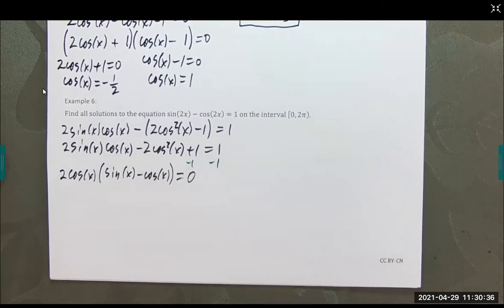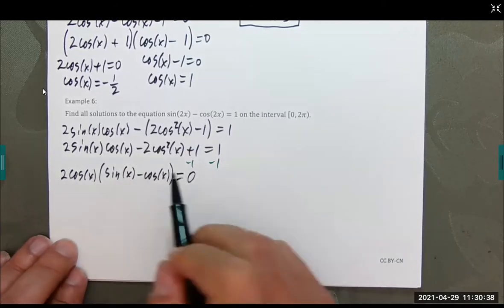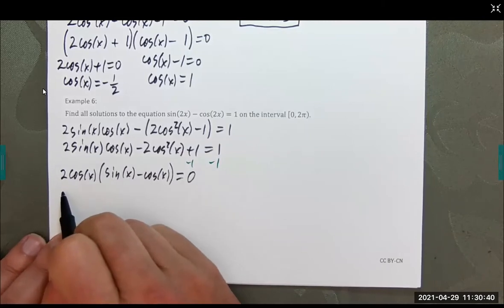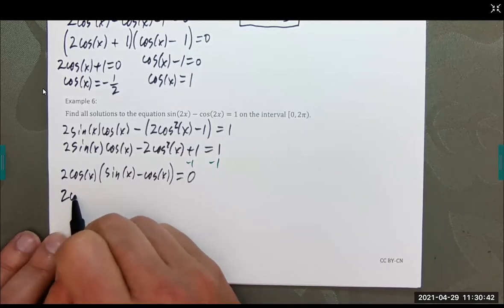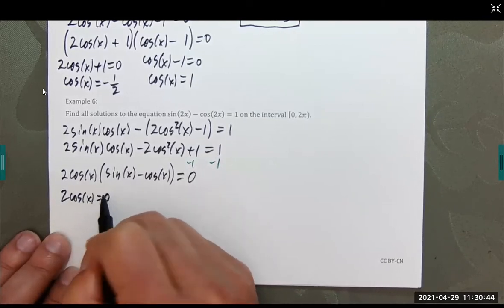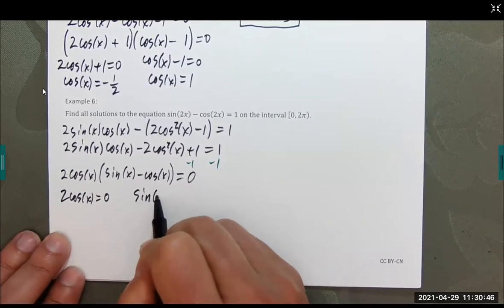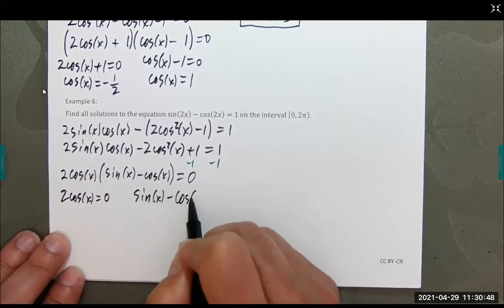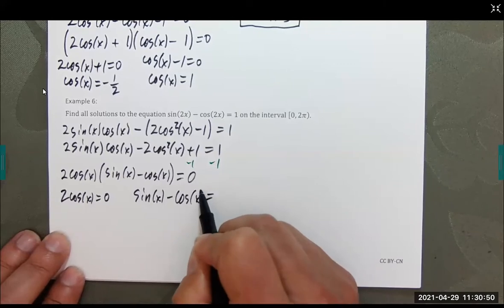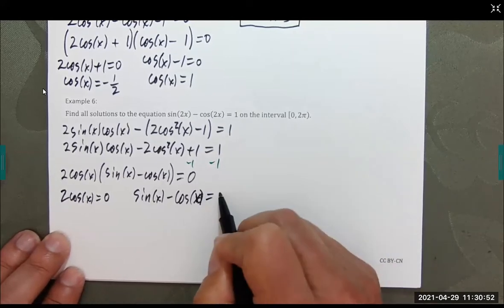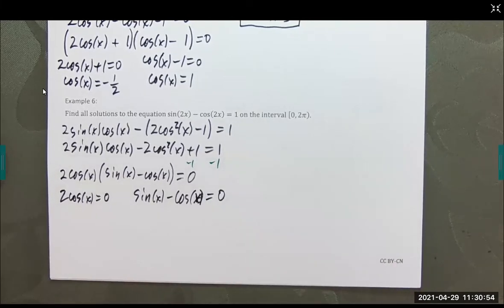So this one's a little weird because we have a sine and a cosine, but we'll handle that in just a second. So 2 cosine x equals 0. Sine x minus cosine x equals 0. Here I'm going to divide the 2 out.